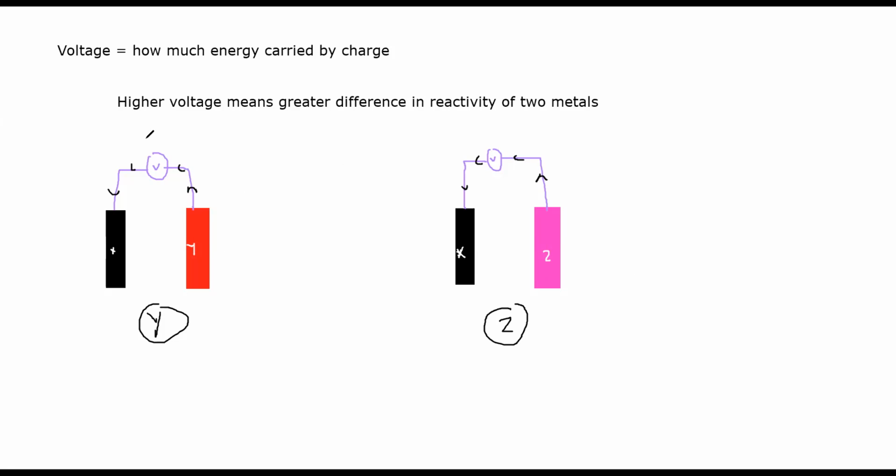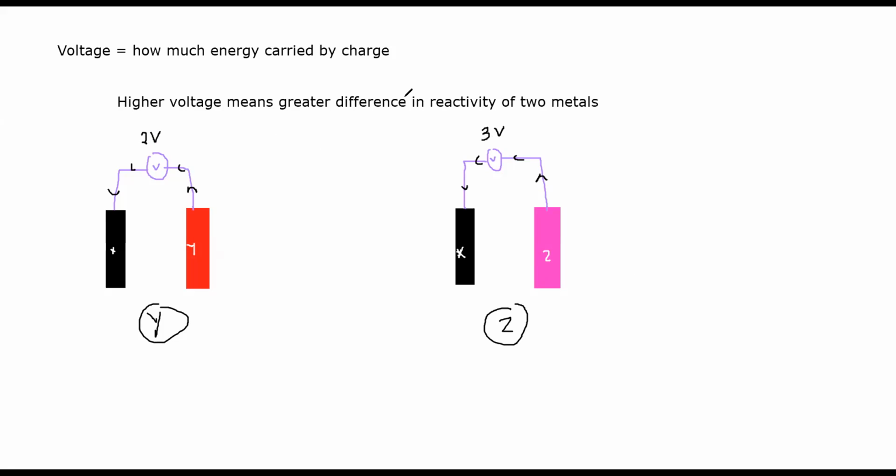But I have another thing in the question. They give me voltage. They mention this one is producing 2 volts and this one is producing 3 volts. So what does it mean? If it is producing a high voltage, it means a greater difference in the reactivity.